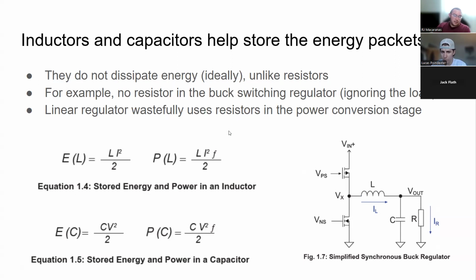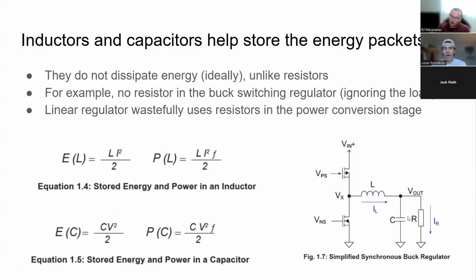But in this example, I've got a buck converter, or they've written it as a buck regulator here. So there's no resistance in the path from the input to the output. There is this resistor here, which is modeling a load, right? So there's some kind of current flowing through that resistor.